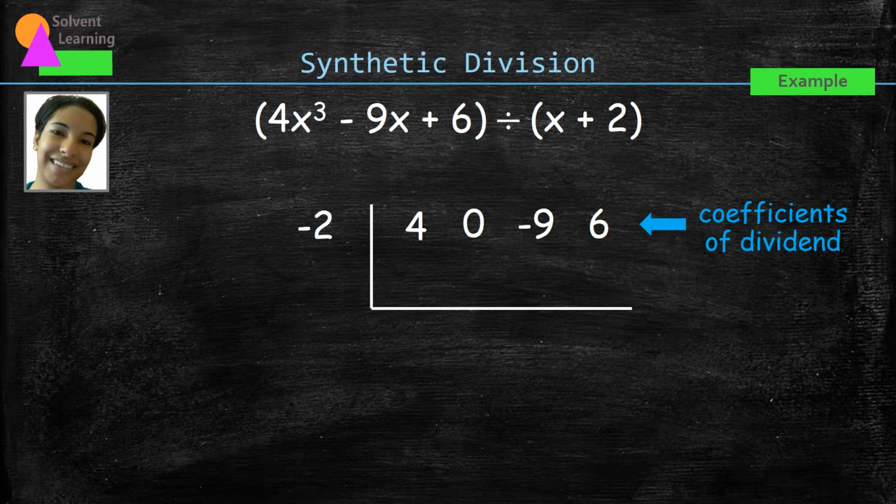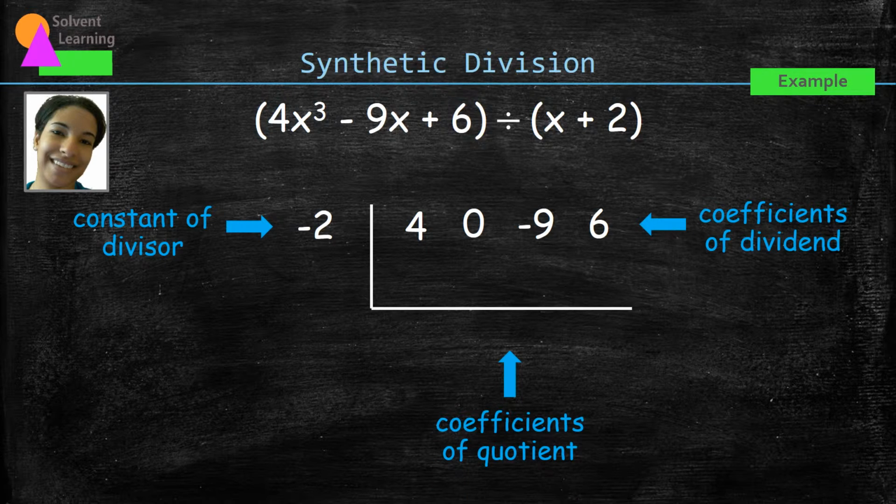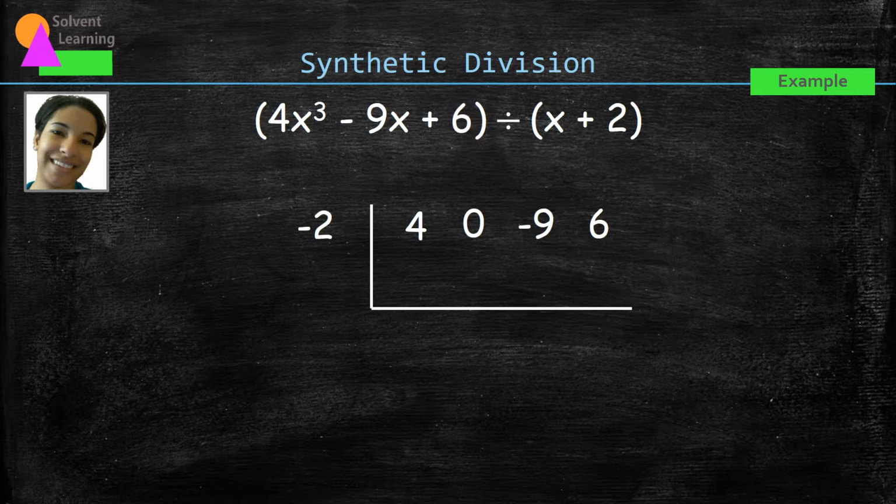Remember that the coefficients and constant term from the dividend go inside the bracket. The constant term of the divisor goes outside of the bracket, and we need to change the sign. And then once we're finished solving the problem, the coefficients of our quotient or solution will be at the bottom there.